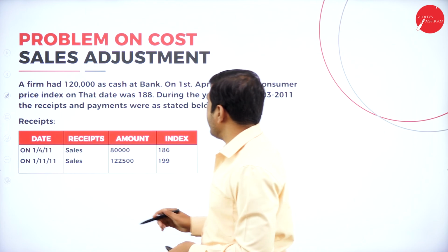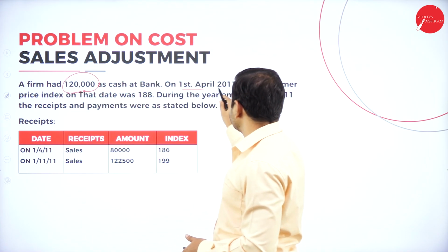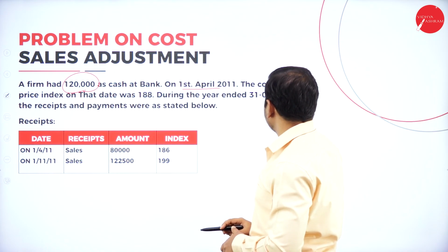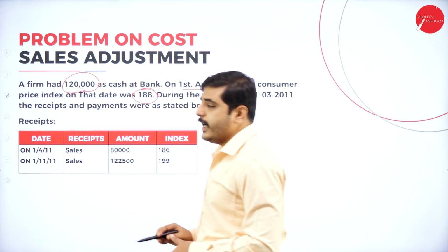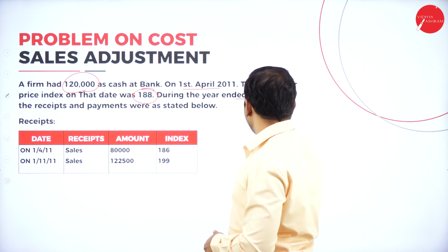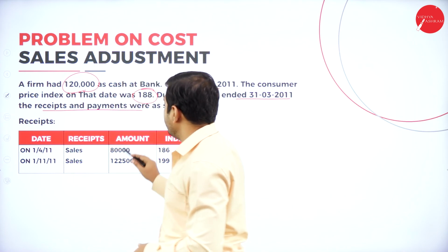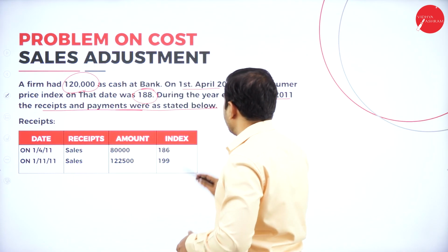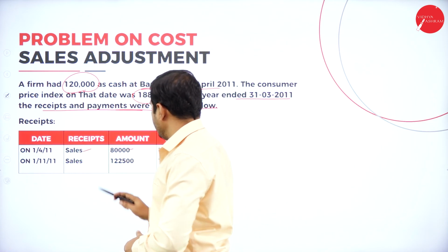Again a problem: a firm had 1,20,000 rupees in the bank, and on 1st April 2011 the consumer price index on that day was 188. During the year ended 31st 2011, the receipts and payments were as stated below. This is the receipt. Because of sales we received 80,000 rupees.